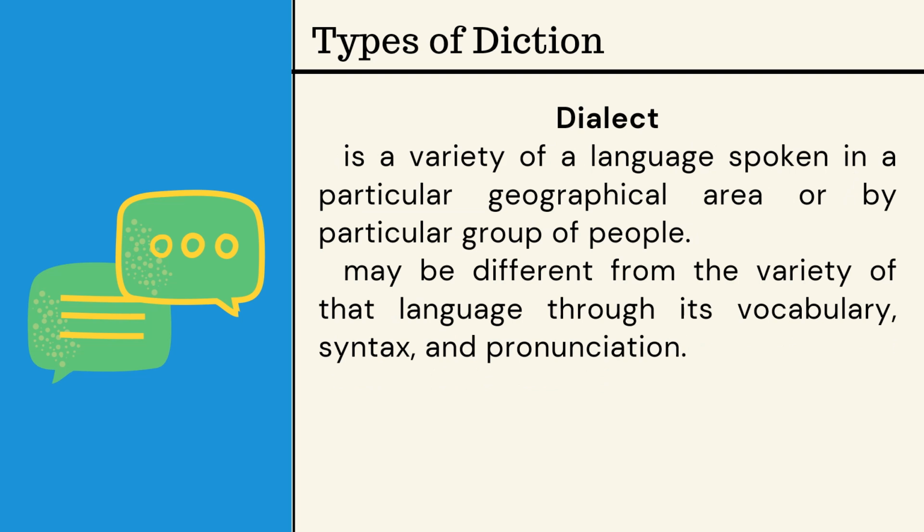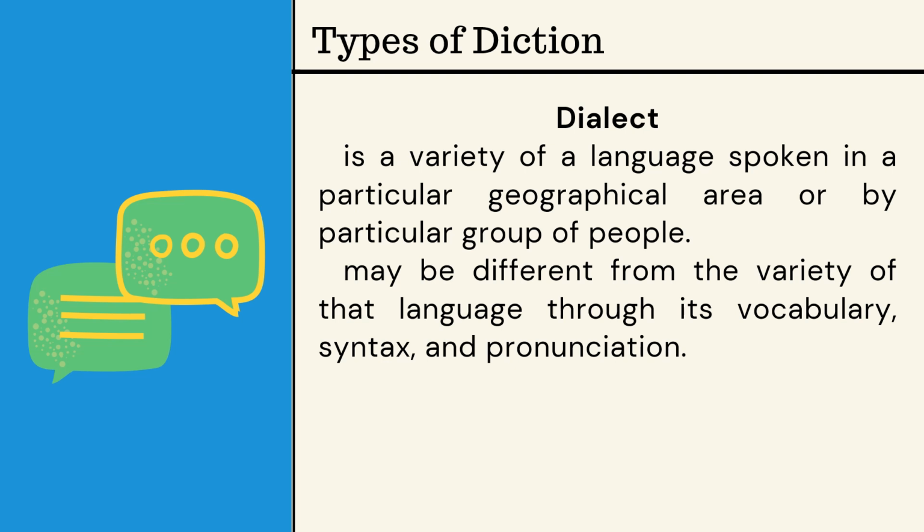Dialect is a variety of language spoken in a particular geographical area or by a particular group of people. May be different from the standard variety of that language through its vocabulary, syntax, and pronunciation. So a dialect is a variation of a language. So let me ask you a question.